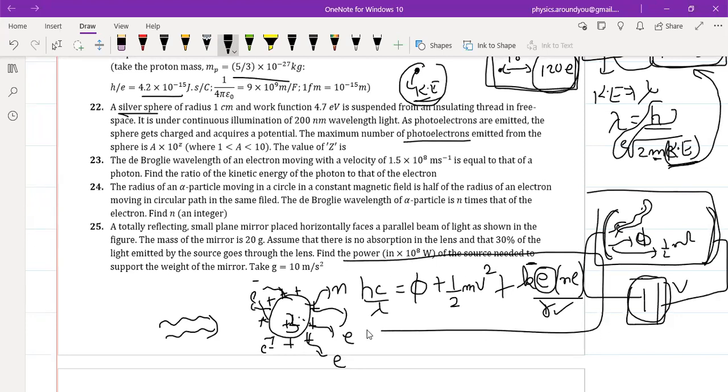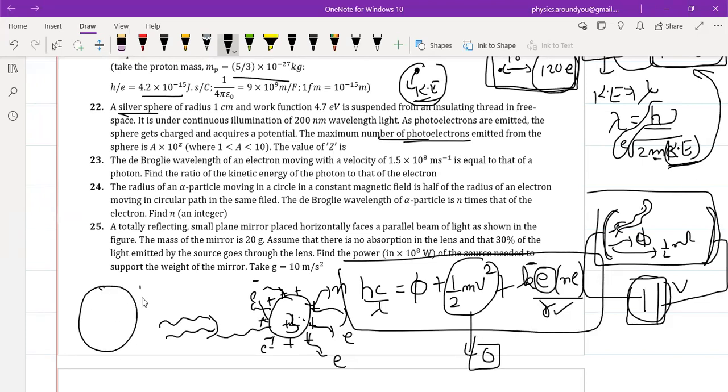Now, when will the maximum be emitted? Maximum will be emitted when the incoming light will not be able to make even one more electron emission. At that instant, this half mv square goes down to zero.